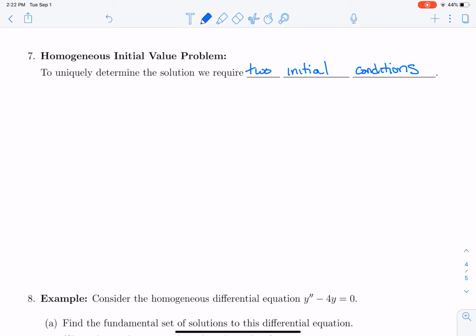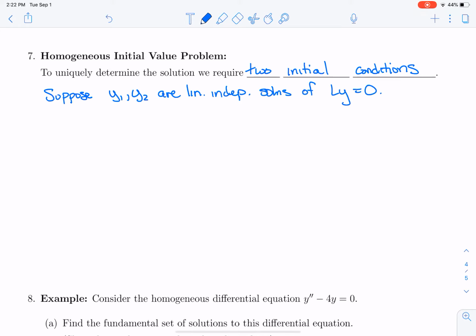So why is that the case? Let's suppose y1 and y2 are linearly independent solutions of our equation. We'll call it Ly equals 0.